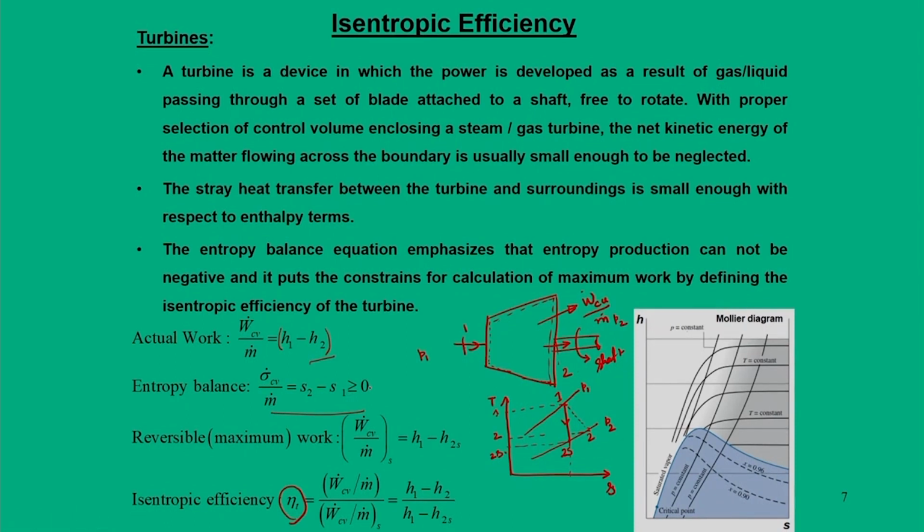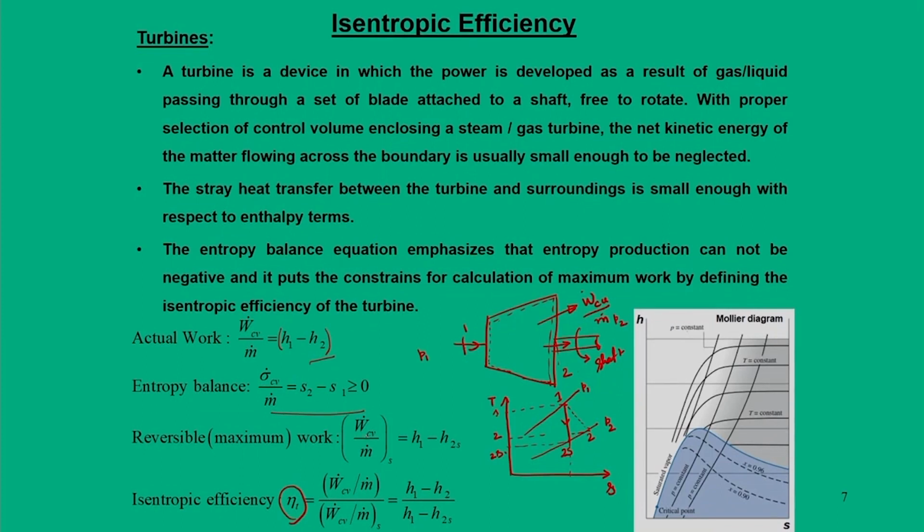Now, if it is greater than 0, that means there is irreversibility associated with the expansion process. If it is equal to 0, that means there are no irreversibilities in this process.